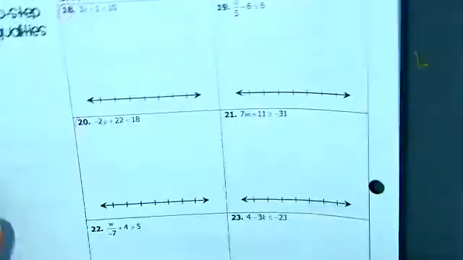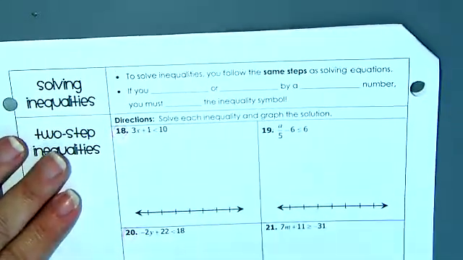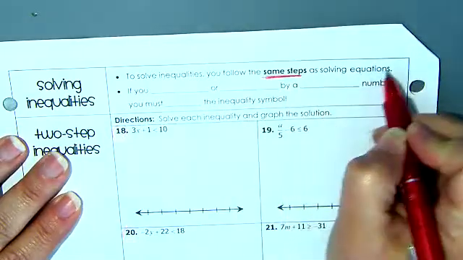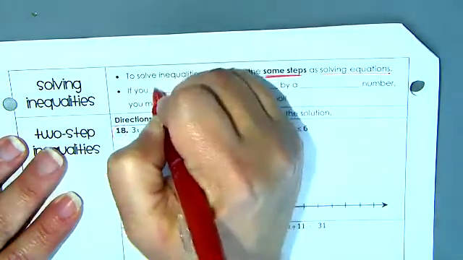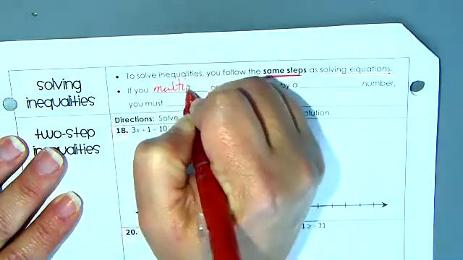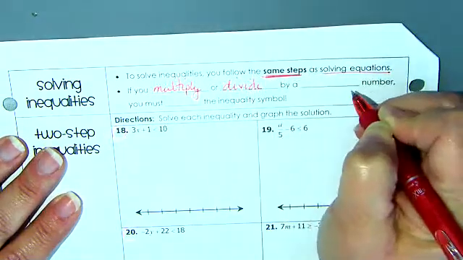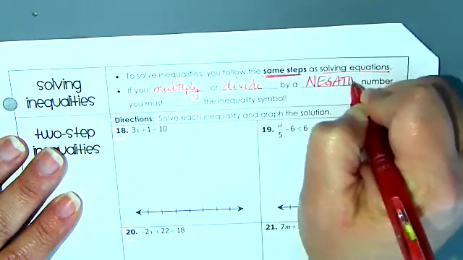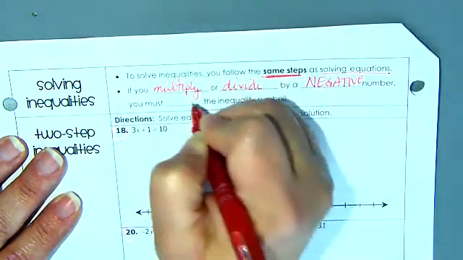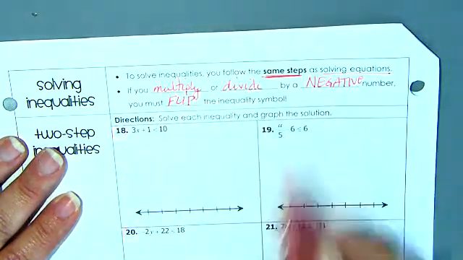Excuse me. And we are now solving the inequalities, okay? So to solve inequalities, you follow the same steps as solving equations, okay? If you multiply or divide by a negative number, you must flip the inequality symbol.